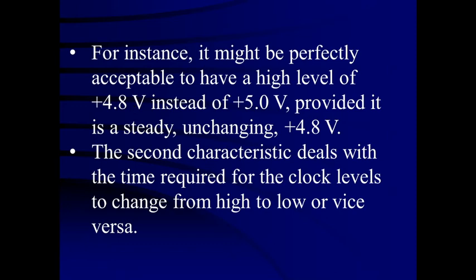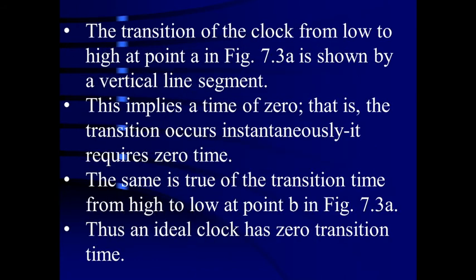The second characteristic deals with the time required for clock levels to change from high to low or vice versa. So this first characteristic deals with the stability of the level. That means level stability is very much important. And the second characteristic deals with the time required for clock levels to change from high to low or vice versa.